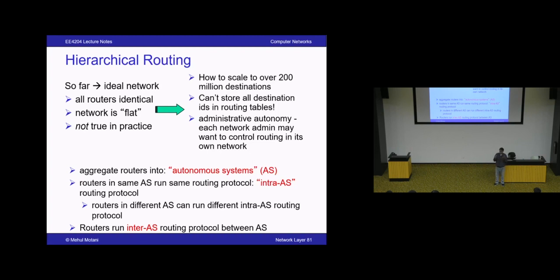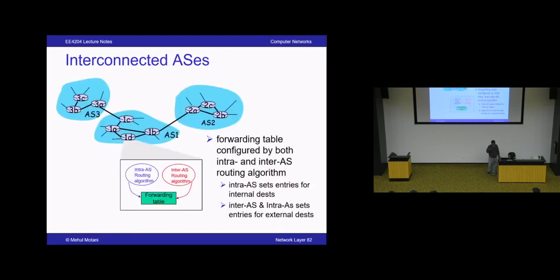Within that structure, you can have algorithms within the autonomous system, which we call intra-autonomous system algorithms, and algorithms that route between autonomous systems, which we call inter-autonomous system algorithms. As an example, here are three autonomous systems, AS1, AS2, AS3.